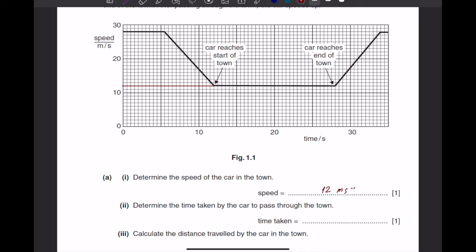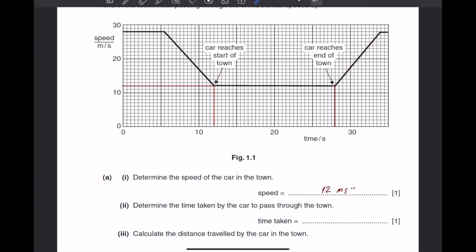Determine the time taken by the car to pass through the town. I read the two time values and subtract them. I also have to keep in mind that there are 20 boxes for 10 seconds, so each box must be equal to 0.5 seconds.